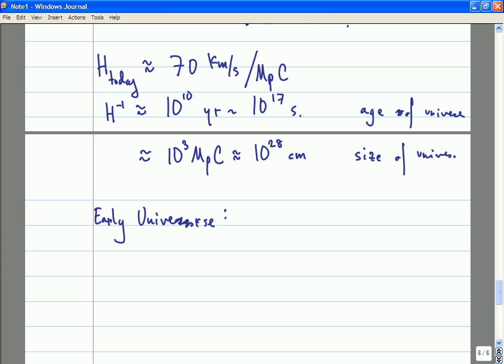WIMP stands for Weakly Interacting Massive Particle, which means a gas of a new particle which is weakly interacting. Weak here refers to the weak nuclear force, the same force that governs the dynamics of nuclei and radioactive decay. Massive means that it's more massive than the current particles that you will find in the particle data book.